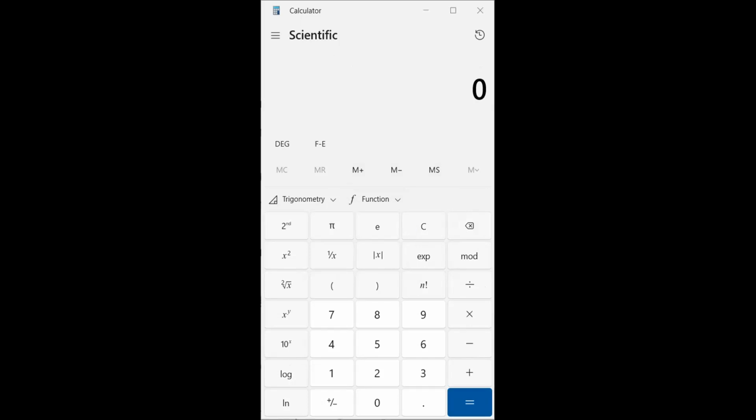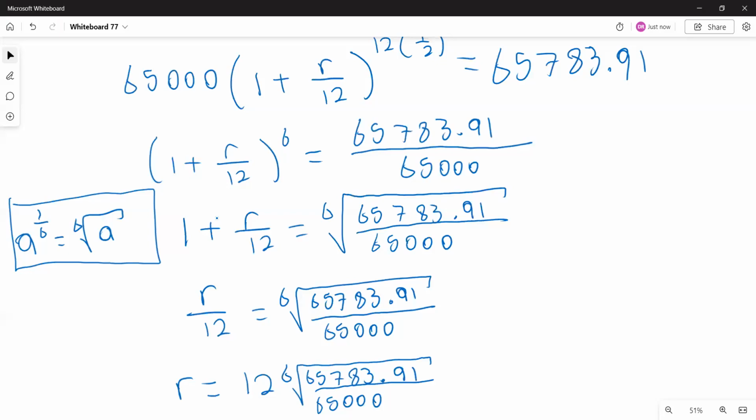It's because I'm not subtracting one. So I need to subtract one. Okay, we're going to try one more time.